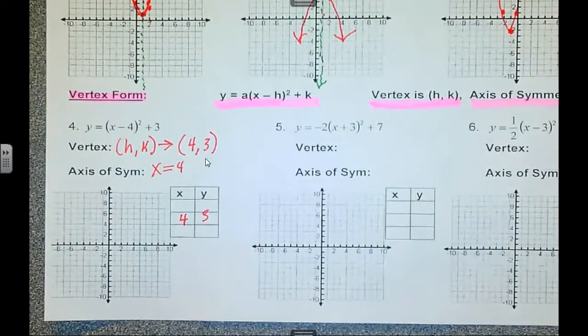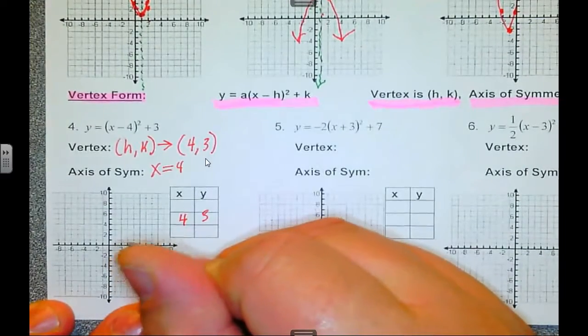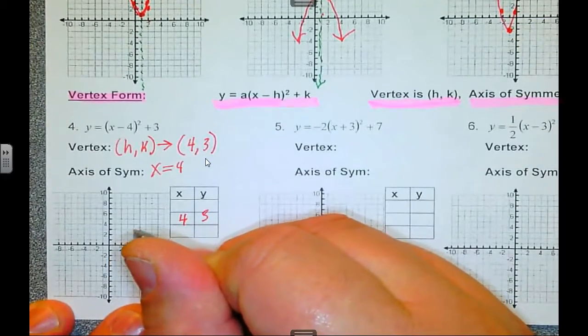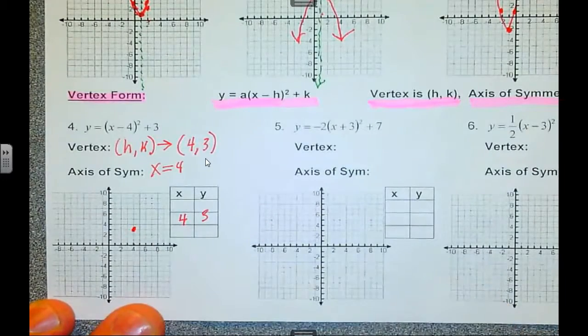Now what? You could put it in your calculator. You could go to your table, get some more points. But I'll tell you right now the easiest thing, if you're asked to graph and it's in vertex form: let's put our vertex there, (4, 3). What's our slope? 1 over 1.